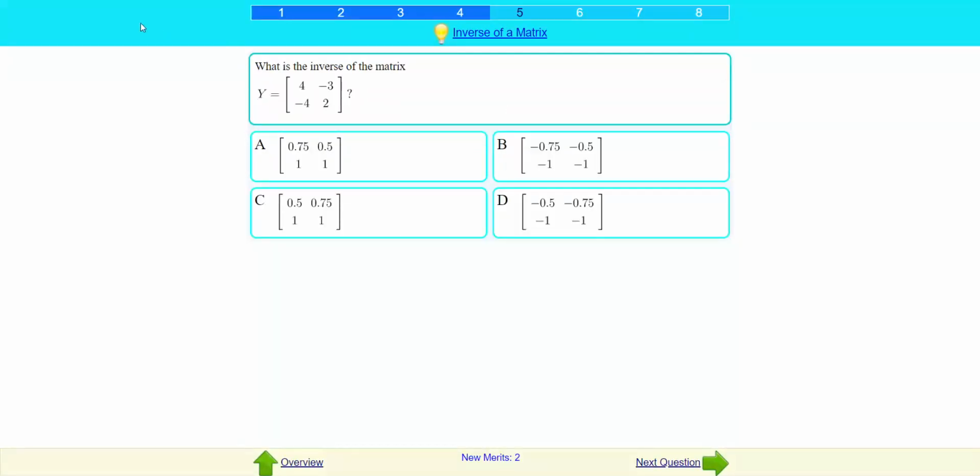Next. So let's try to do the inverse of this matrix now, in which we have 8 plus 12, so 1 over 20.